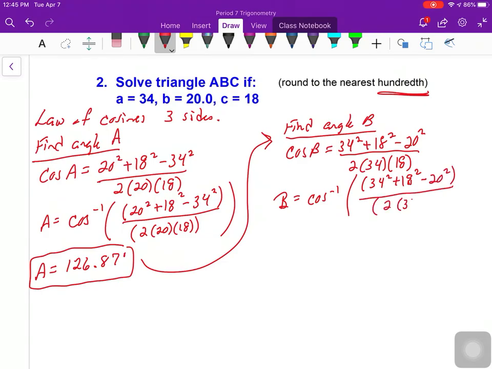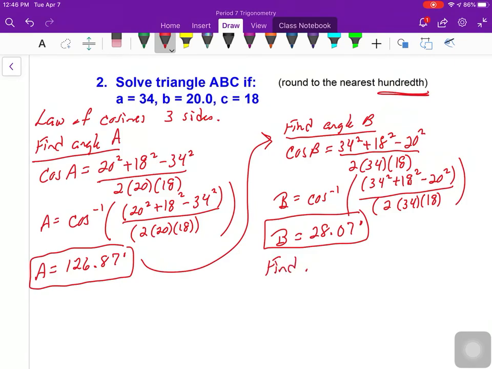On the top, 34 squared plus 18 squared minus 20 squared. On the bottom, 2 times 34 times 18. When I put that into my calculator, to the nearest hundredth, 28.07.